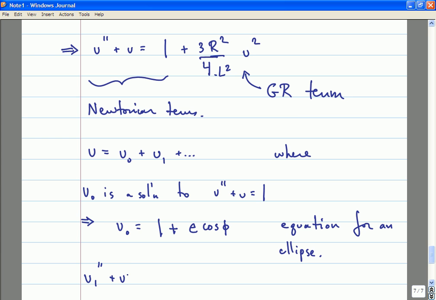And that will be determined by the driving term on the right-hand side, where we just plug in u0 for this general relativistic correction. So that will be equal to 3r squared over 4l squared times u0 squared.